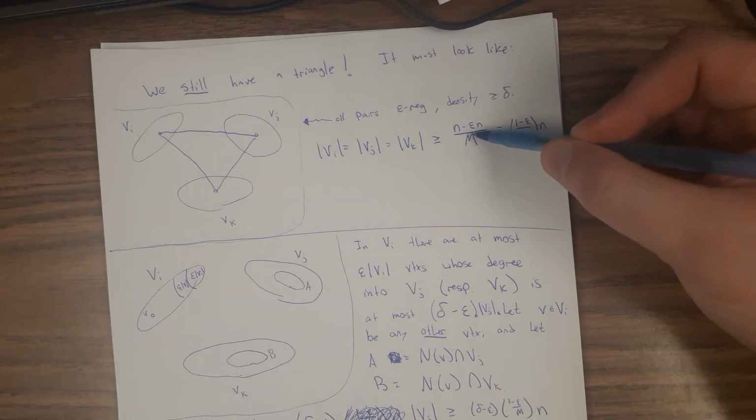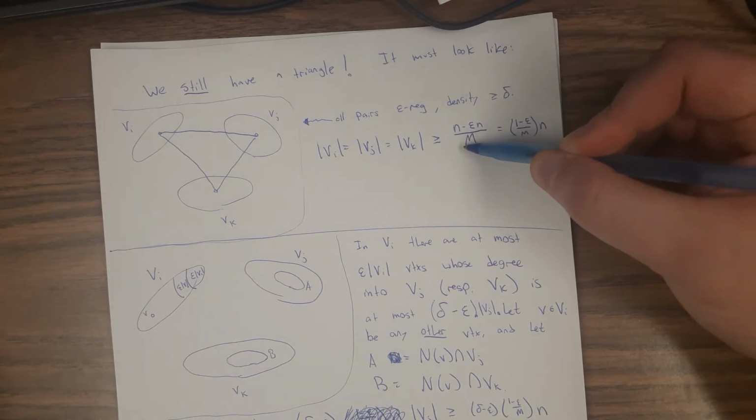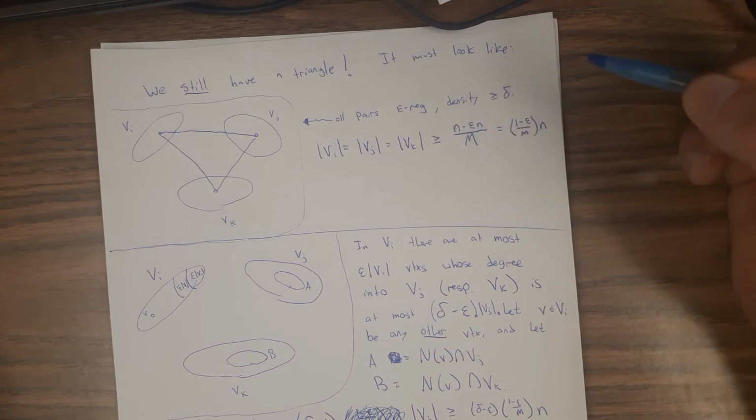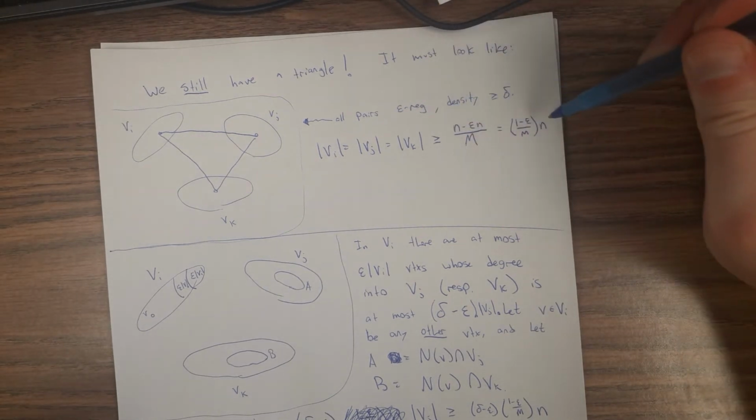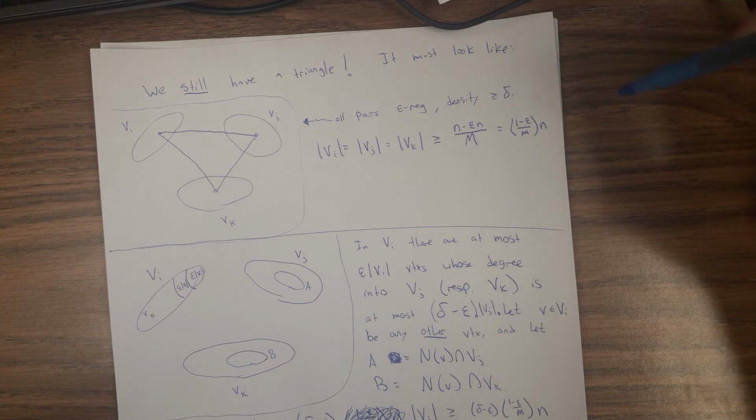So that's why instead of dividing by t, I divided by m, because I wanted the inequality to go the right way. So all I'm getting at here is that these have linear size. Linear because I see some constant times n.